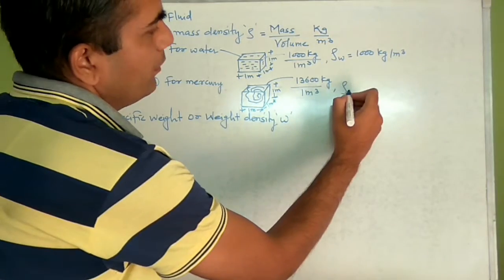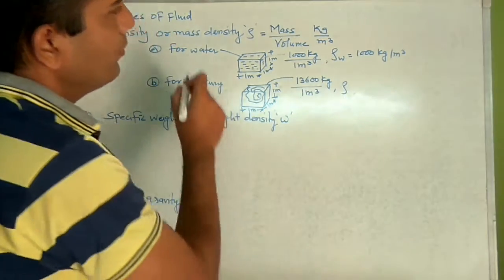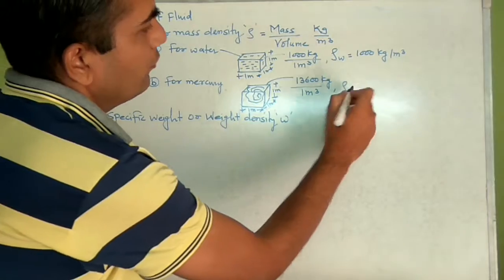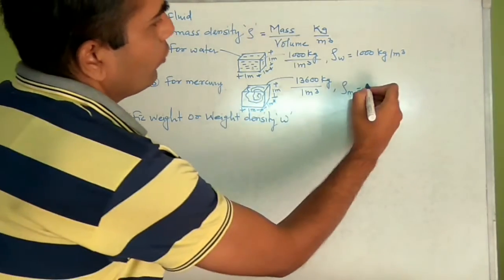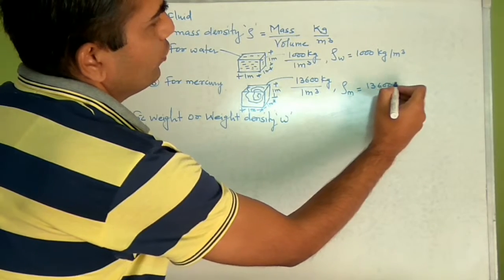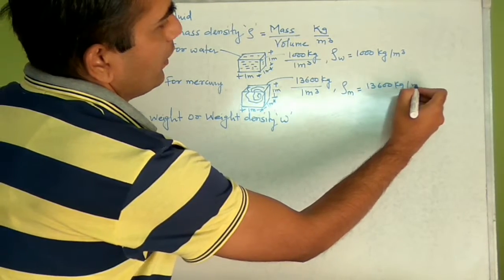Why does this happen? This is because of the density. Now we are saying density of mercury is equal to 13600 kg per m cube.